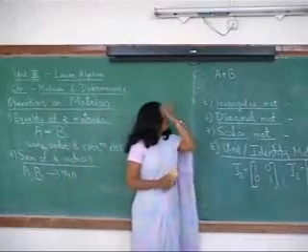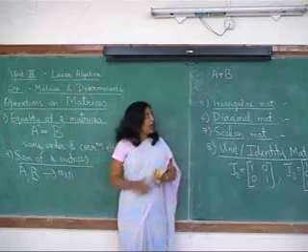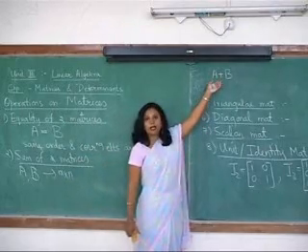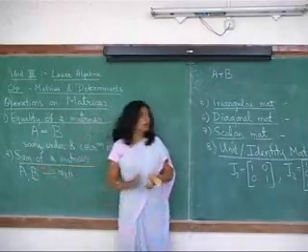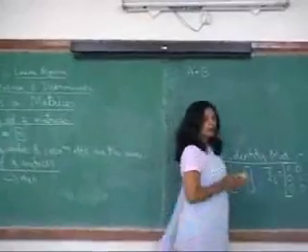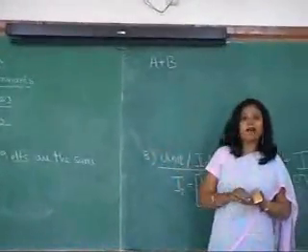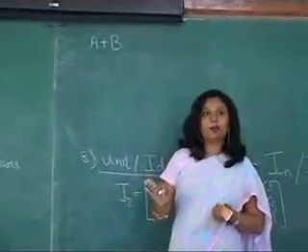So the sum of two matrices is again a matrix of the same order, and its elements are obtained by adding the corresponding elements of the two matrices. Notice one very important fact over here, that if two matrices have different orders, then they simply cannot be added.